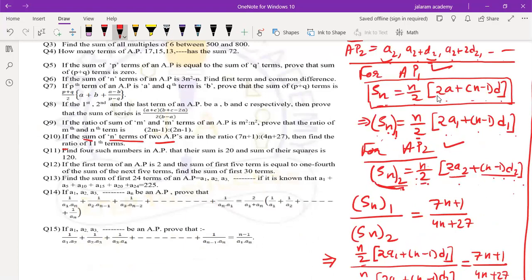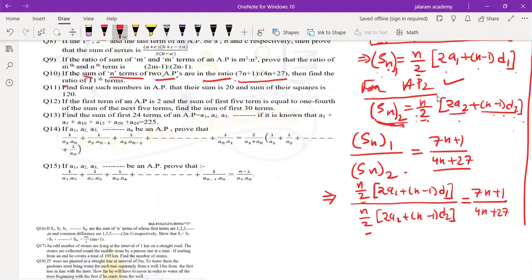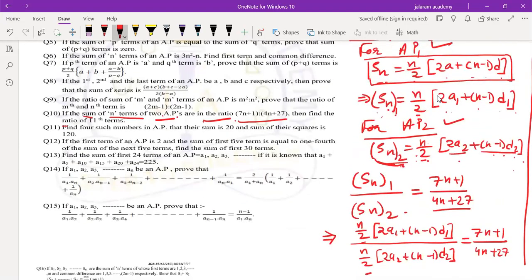Now according to the question, the sum of n terms of the two APs are in the ratio. So first we write this ratio in our assumption: Sn1 is to Sn2, which is given in the question as 7n plus 1 is to 4n plus 27. So they are equal. Sn1 we have calculated as n by 2 into 2a1 plus n minus 1 into d1, and Sn2 as n by 2 into 2a2 plus n minus 1 into d2.